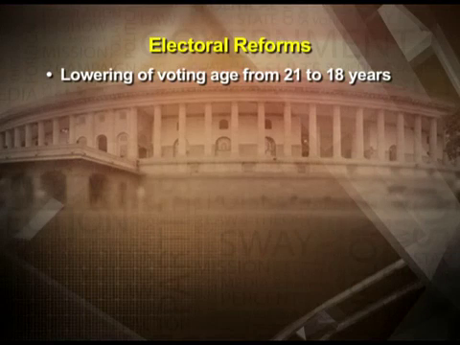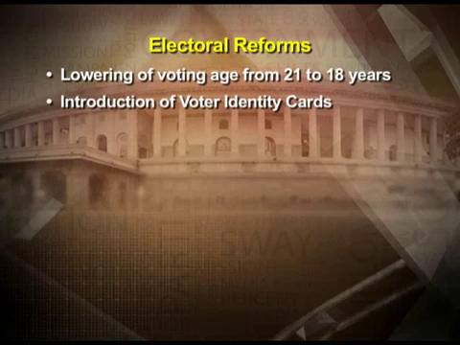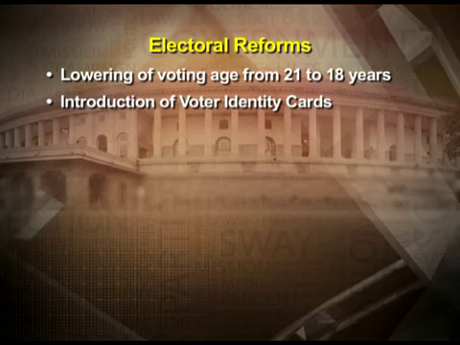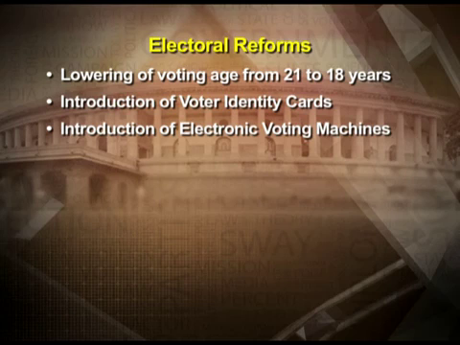So I will read for your convenience what these electoral reforms are. First, the lowering of the voting age from 21 to 18 years. Introduction of voter identity cards. Introduction of electronic voting machines or EVMs.